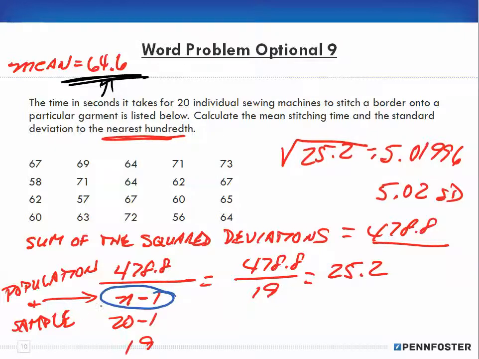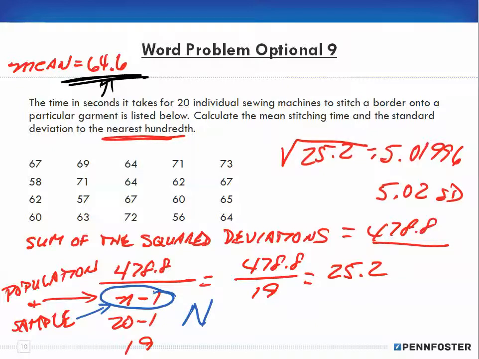For the sample, it's n minus 1, but for the population, it would be just n itself, denoted by a capital N. So if this was my entire population, I would have had 478.8 divided by 20. But if I'm dealing with a sample, it's a small n.